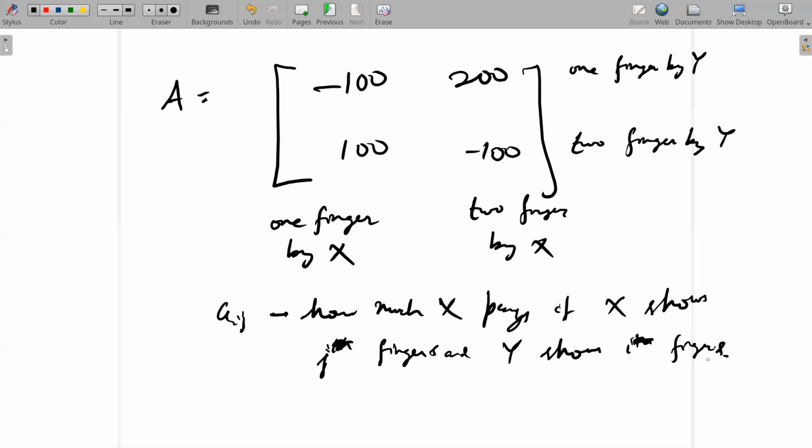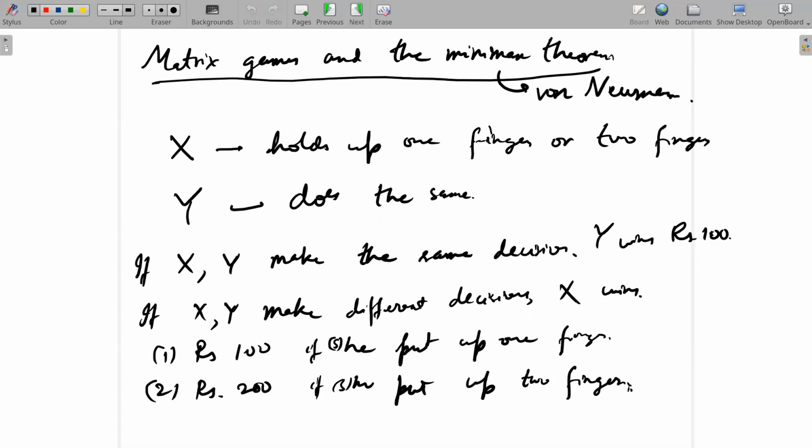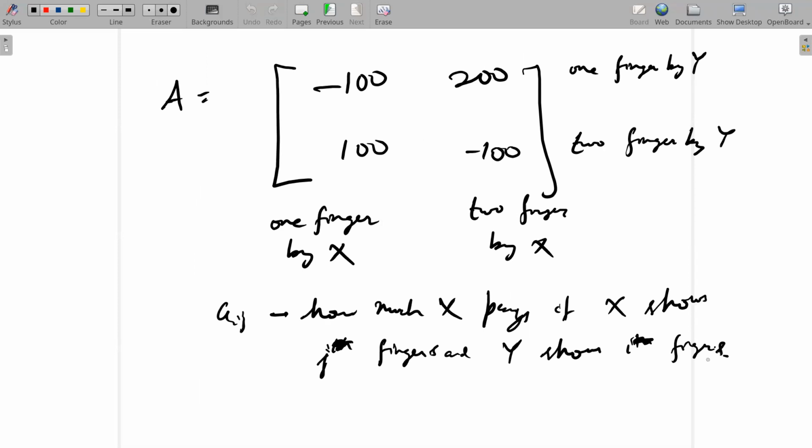So if both of them show equal, Y wins, right? So X has to pay some amount. Okay, in that case, let me just say how much Y pays. So X does not have to pay anything. In fact, he gets 100 rupees. So I'll call it Y pays minus 100. So in this case, X gets 100. Okay, but in the other case, this point is what?